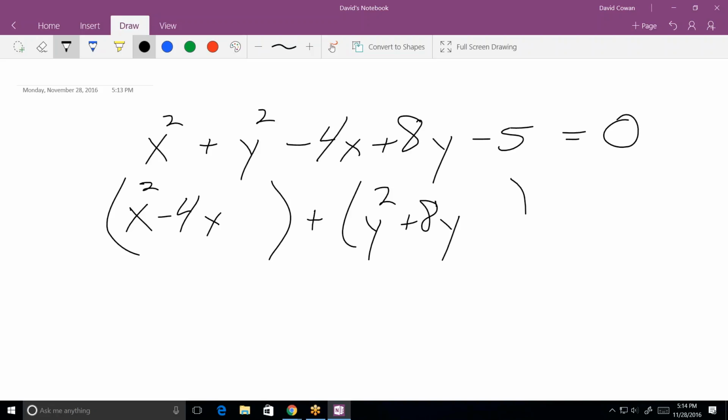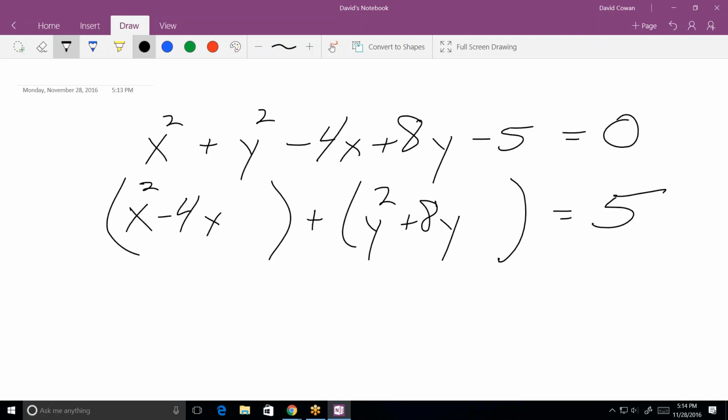And again, leave space. And then on the other side, put the number. Now you can see that we're getting closer to the standard format. All we have to do is complete the square inside the parentheses, and we'll have pretty much the standard format. So, do you remember how to complete the square?